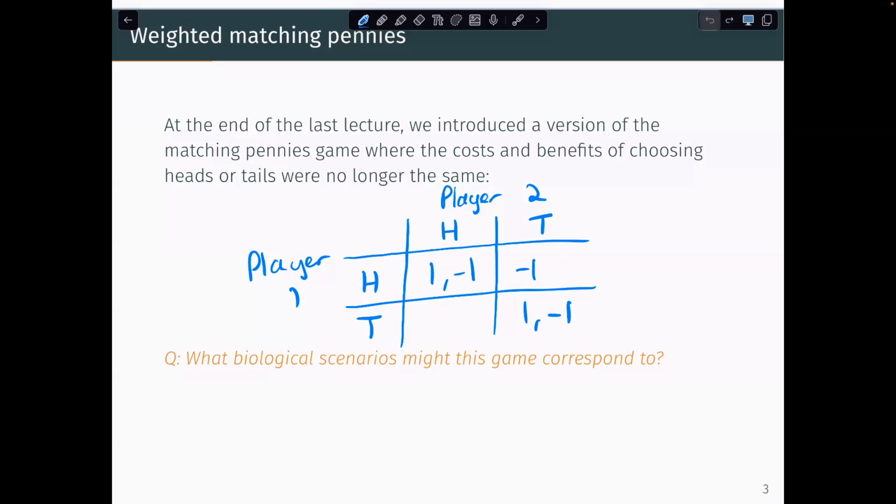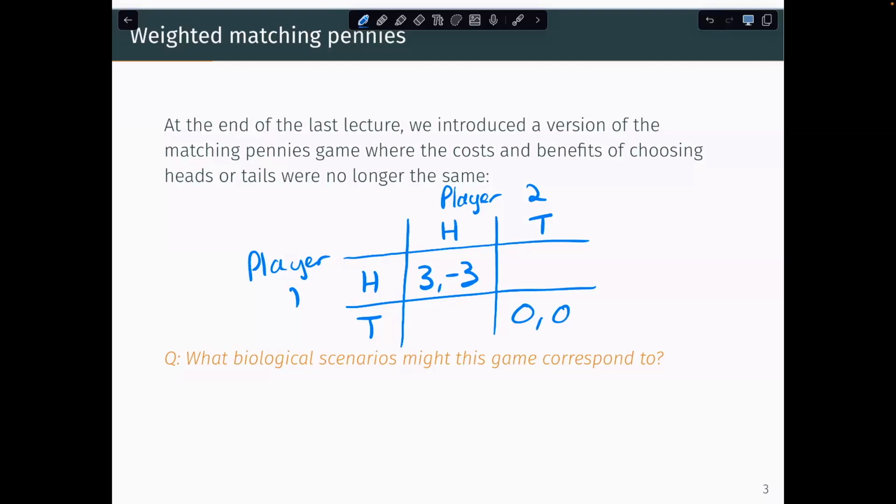But in the weighted matching pennies game, we're going to adjust the value of these things. So the heads combination is not the same as a tails combination, and so on. Here we're going to assume that if you both play heads, you get a payoff of $3, and that $3 has to come from your opponent. If you both play tails, then neither of you has to pay anything.